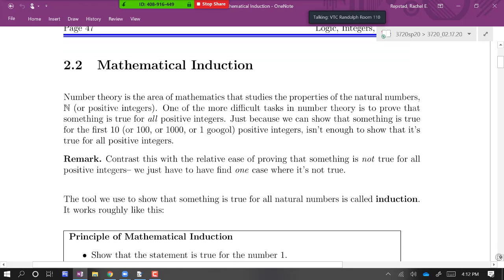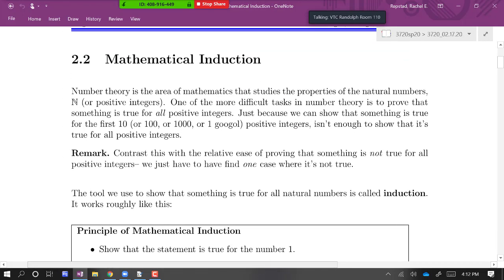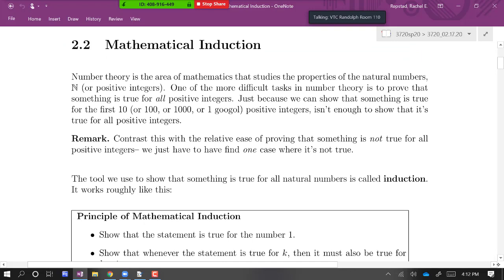Now, let's do some mathematical induction. I heard someone describe it as feeling a little bit like black magic, like you almost get to prove what you want to show without feeling like you actually proved it. I don't necessarily call it black magic, but it's a pretty cool trick.